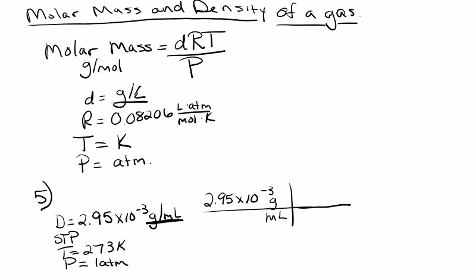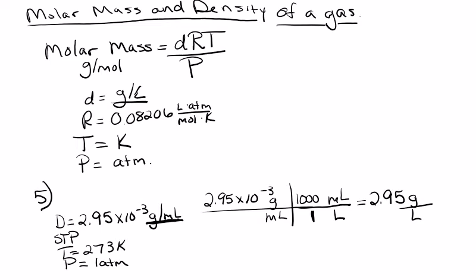Now converting from milliliters to liters, since milliliters is on the bottom, you want to put it at the top, put liters at the bottom. Conversion here, for every 1 liter, it is equal to 1,000 milliliters. So when you do this math and multiply across the top, you're going to end up with 2.95, and now that is grams per liter. That's what you want to have for your density unit.